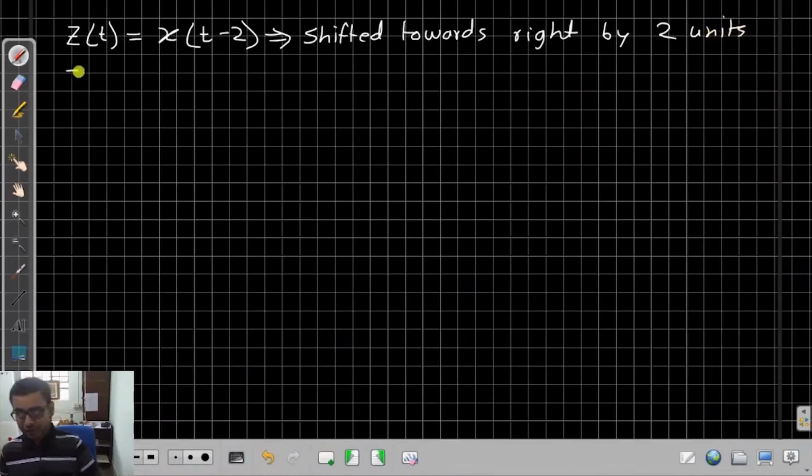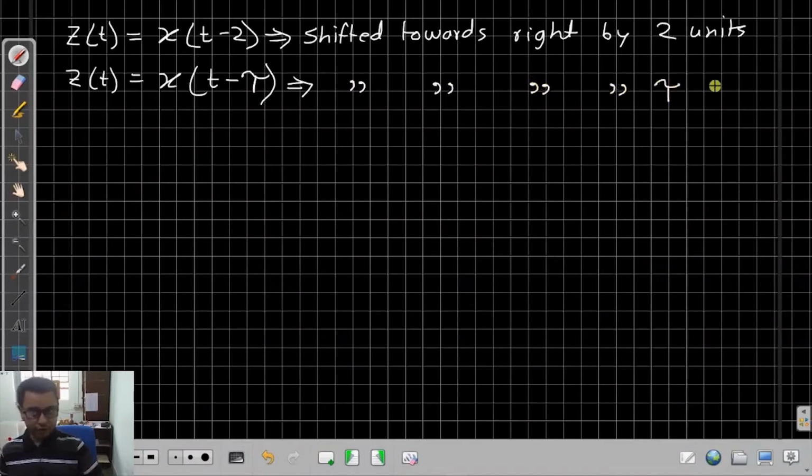If I define zt equals x of t minus some constant, call it tau, some constant number, then that will be shifted towards the right by tau units of time.